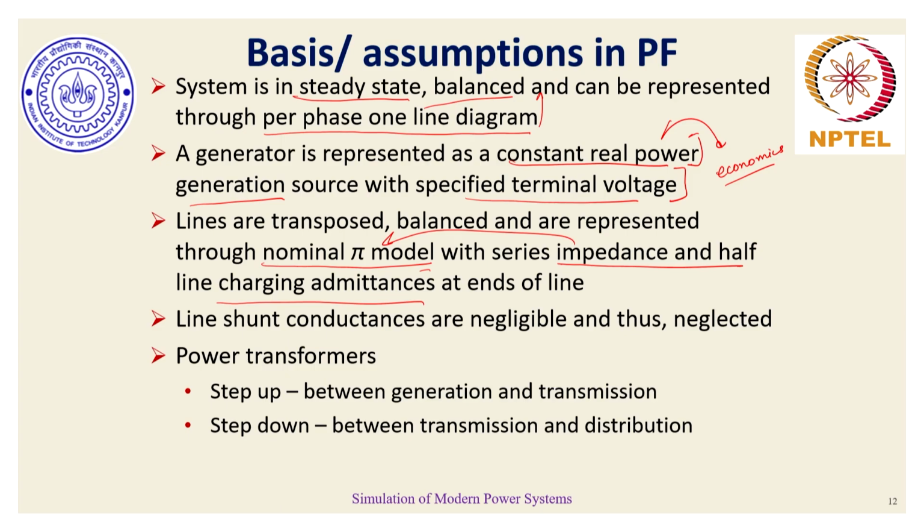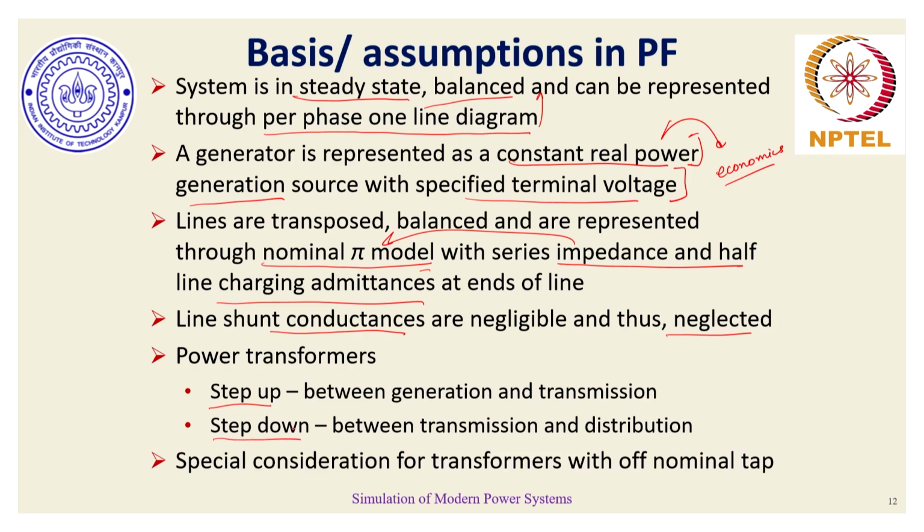Often on high voltage lines, line shunt conductances are difficult to model and difficult to identify, and hence usually they are neglected. We also have a step-up transformer present at the generating station where voltage is amped up, and at the distribution end we have a step-down transformer where the voltage is amped down.